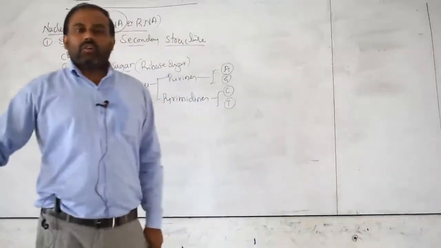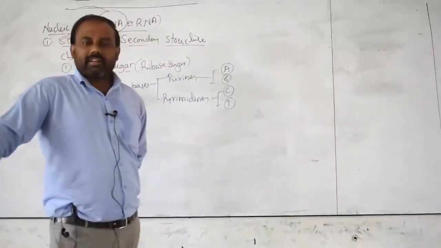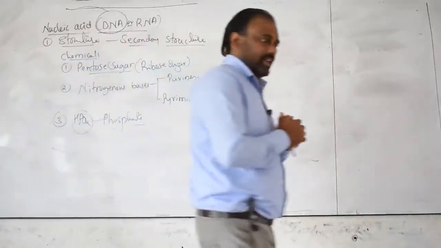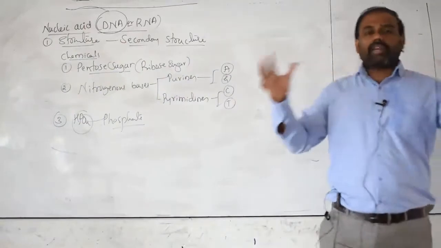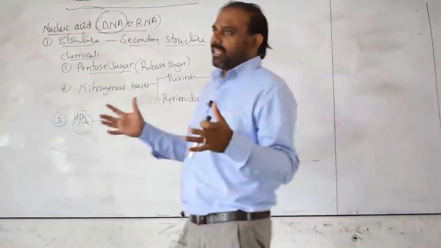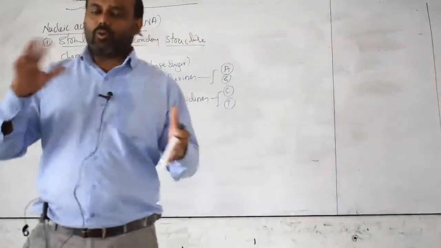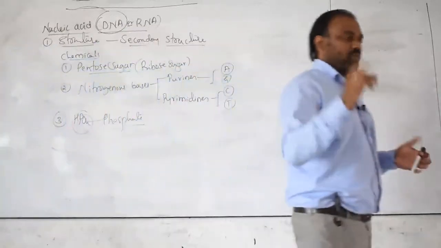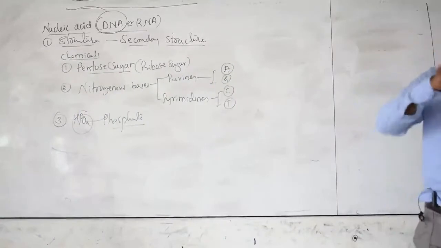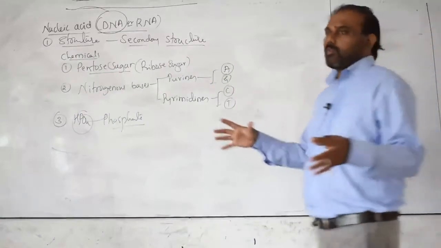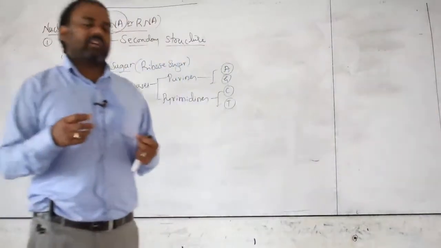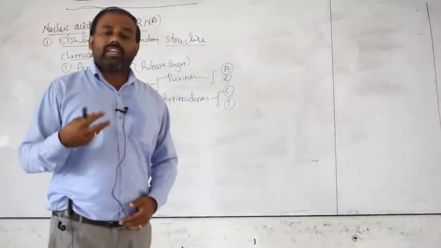Yes. Hello students. In yesterday's class we were discussing the nature of bonding. When you take the complex food molecules, that is complex macromolecules like protein, polysaccharide, nucleic acids, and one more, lipid, these are all made of smaller units, which we can call monomeric units.